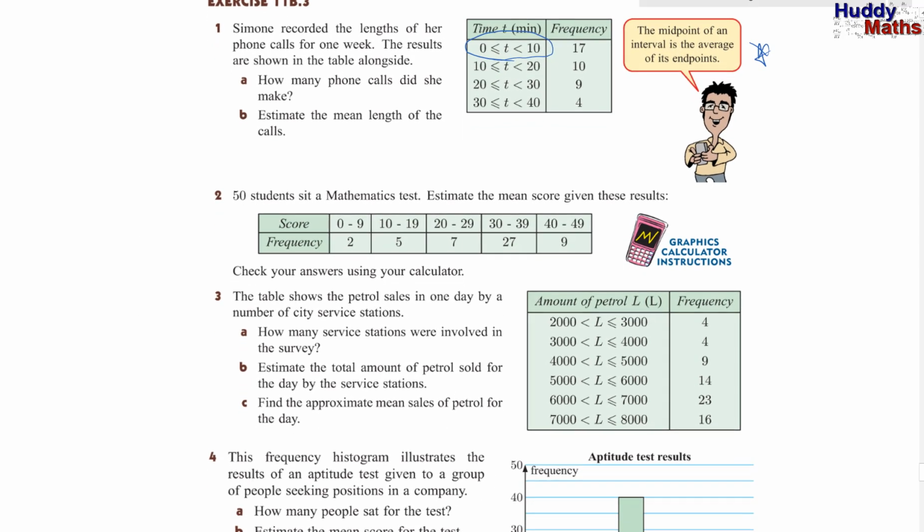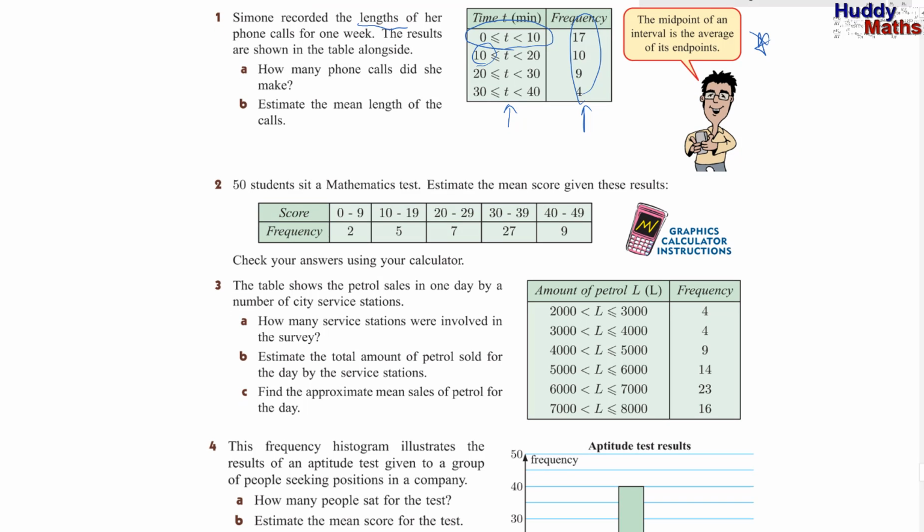It's lengths, and so you go up to 10, and if it's 10 or more, you go into the next group, as we were talking about before. Don't forget, each score occurs a certain number of times, so you must find the midpoint values and times them by the frequency. And when you're doing it with a calculator, the same thing.